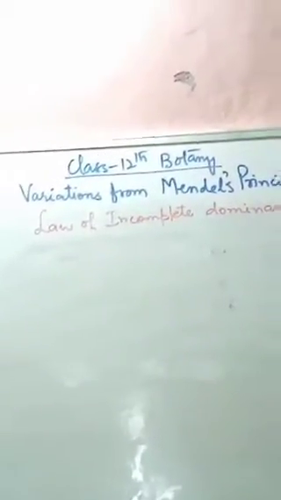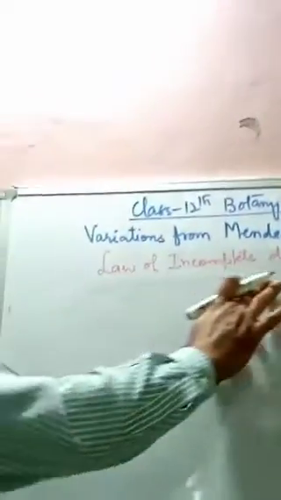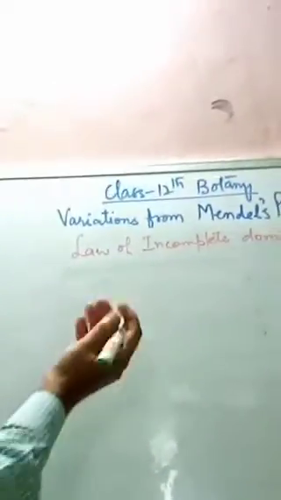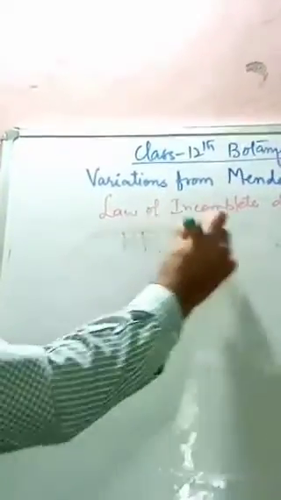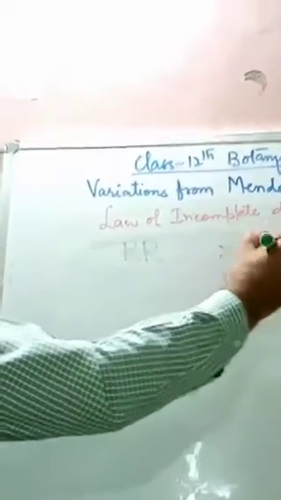Incomplete dominance, we will take in case of the four o'clock plant. अगर हम देखेंगे उसमें, जो फ्लावर होते हैं, एक फ्लावर red होता है, that is the dominant color, and the second one is white.